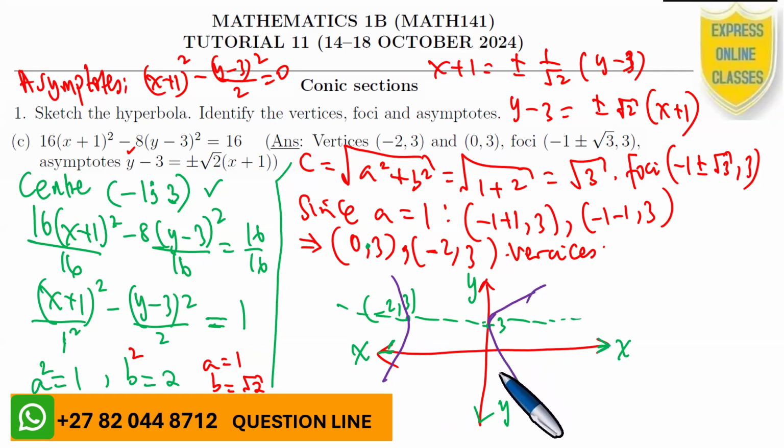But now, then you're going to have the foci.